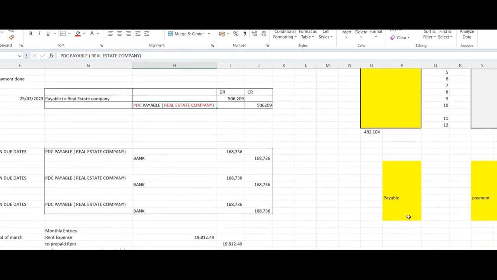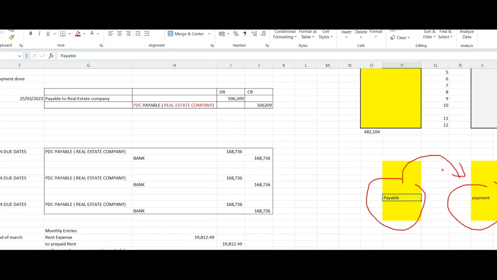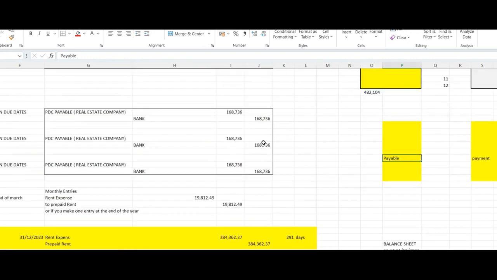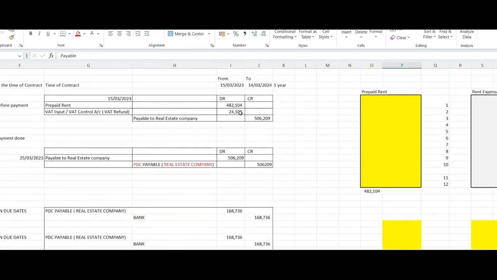In the same way, with the concept of this jar, now we will have a PDC payable account, and that PDC payable account is being converted into the payable account. And here the same concept that we learned in the previous example, prepaid rent, is being converted into rent expense, and the VAT account will remain the same as we discussed in the previous example.